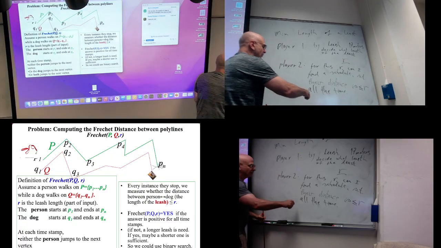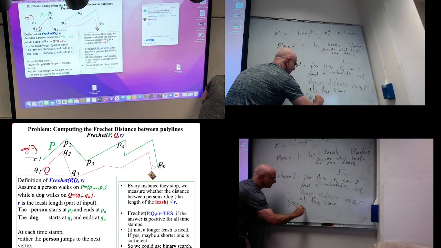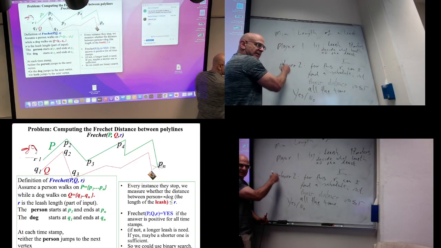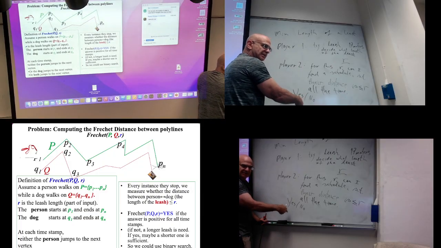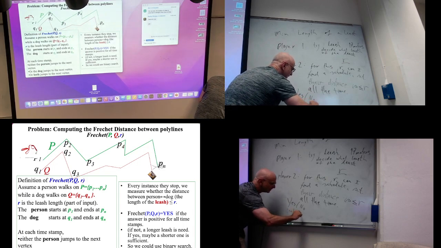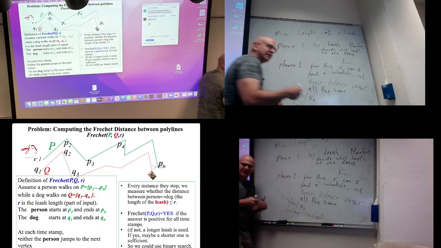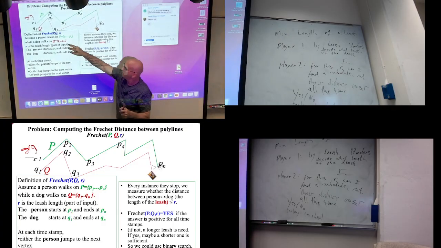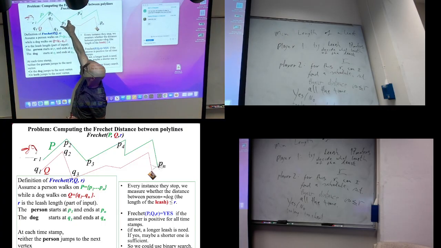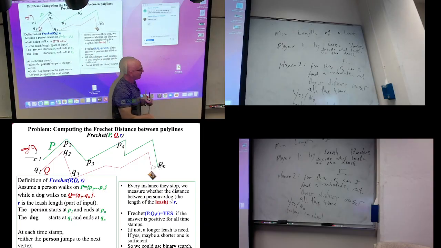And player two answers yes or no. It's player two's role to answer yes or no. Yes will mean the leash is long enough, too short will mean no. I cannot find a schedule, because no matter which schedule I pick, there is some point here and some point here that are just too far apart for the given length of the leash.